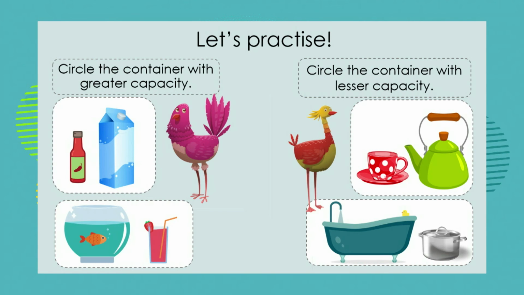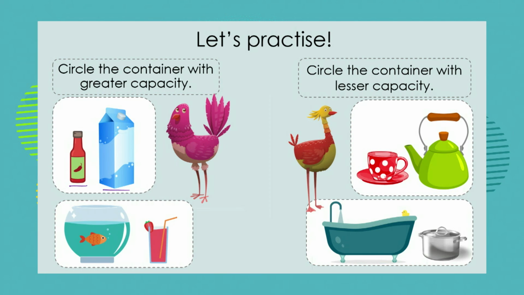Now we are going to circle the containers with the greater capacity. So we are going to look at each object and then circle which one will hold the most amount of liquid. So our first example, we have a bottle of hot sauce and milk. Looking at these two everyday objects, grade 1s, which one would you say has the greater capacity?